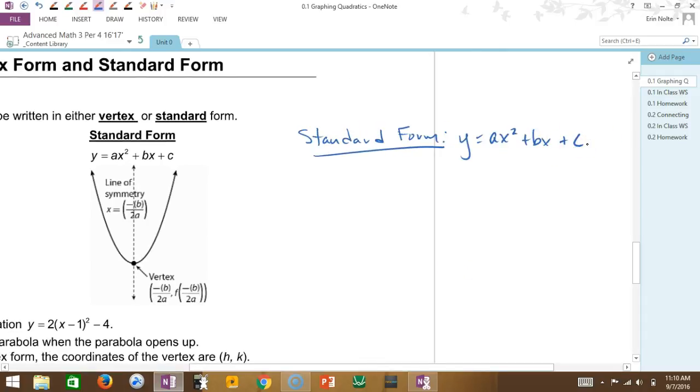It looks very different from vertex form. There are no quantities, no parentheses. It's just straightforward quadratic, linear, constant terms. That important point that we need to find, that vertex. How are we going to find the vertex?